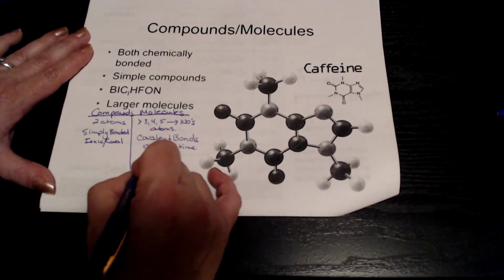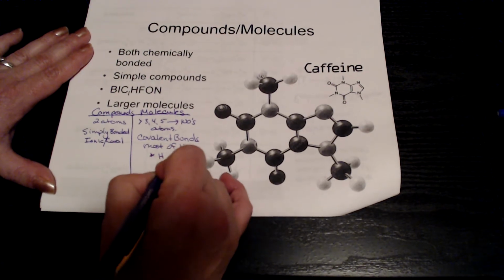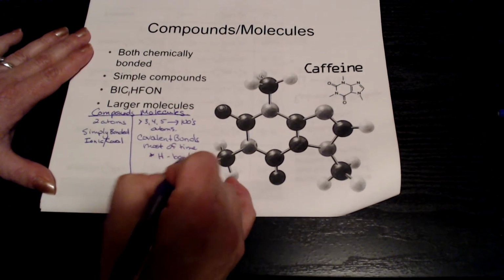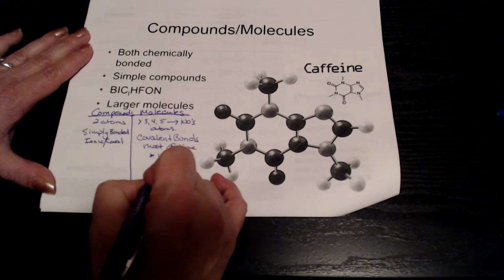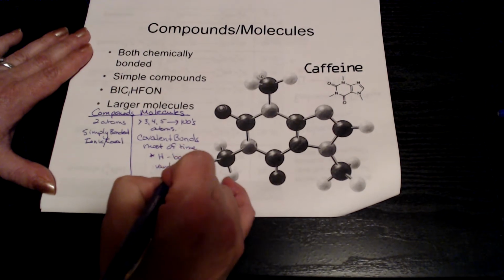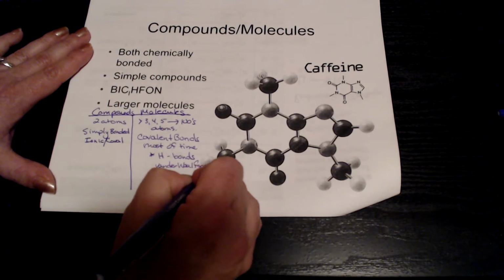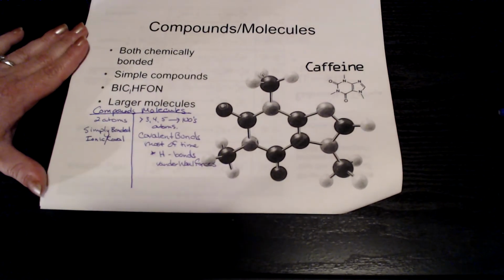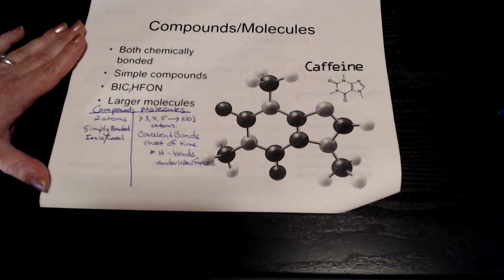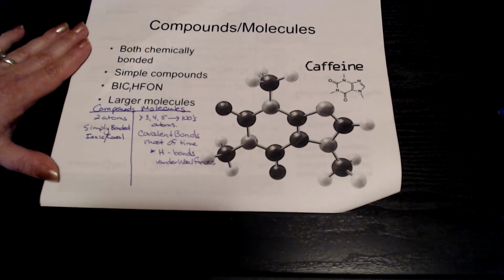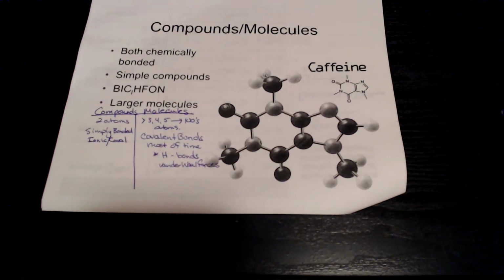You'll also have hydrogen bonds. We'll have things called van der Waals forces. Some other different types of bonds, peptide bonds. We'll get to that in the next chapter. That's how they can become these huge molecules with hundreds of different atoms, because of all the different types of bonds that are in there.